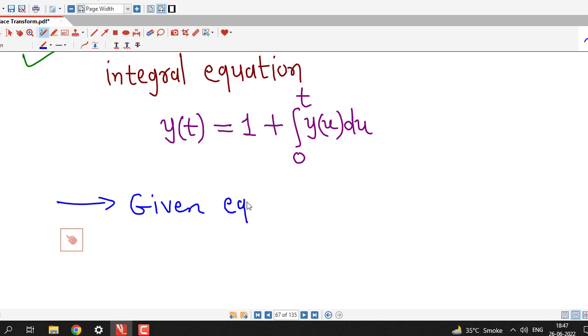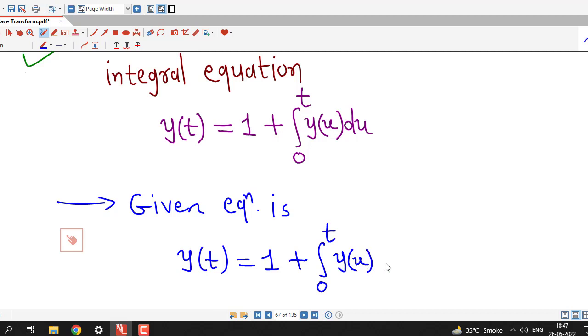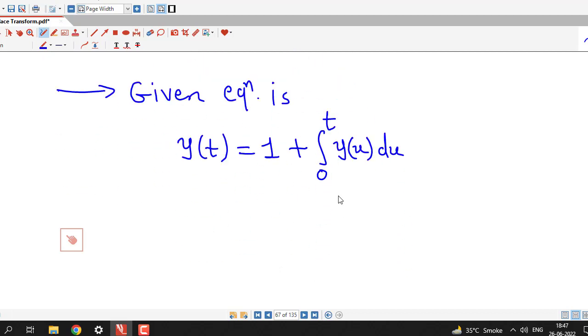So given equation is y of t equal to 1 plus integral from 0 to t y of u integral with respect to u. Now first step is to express this integral as a convolution of two functions.